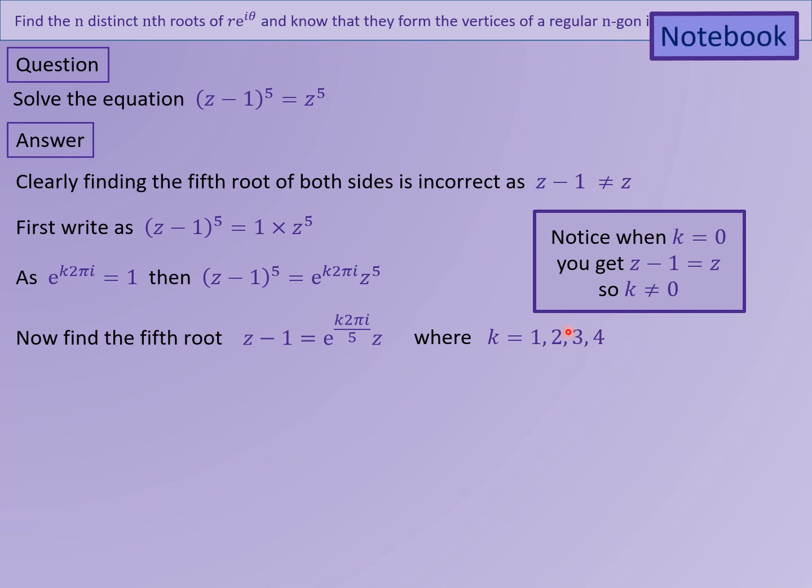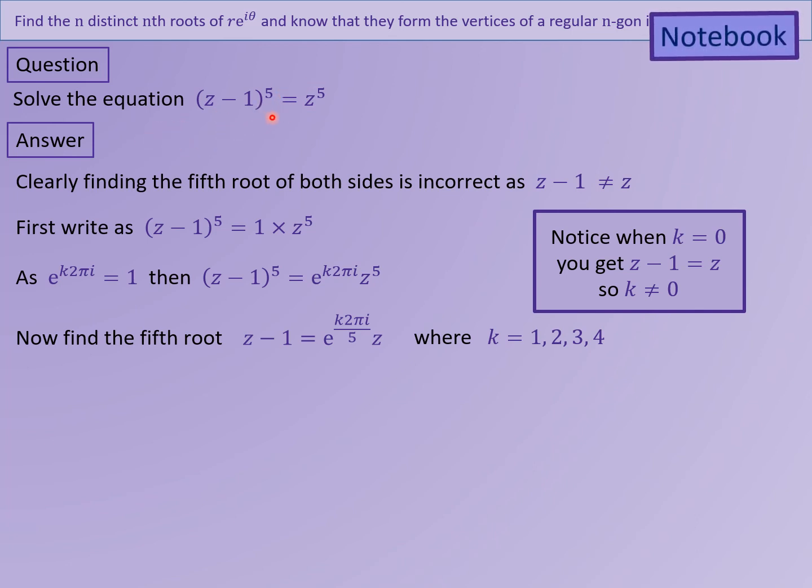Now that might seem a bit weird because it contradicts what I said before, with z to the power 5 should be 5 answers. But just think about this question expanded. If I expanded this bracket, the very first term would be z to the power 5. I would then get some z to the 4, z to the 3, z to the 2s, but the first term would be z to the power 5. Now, if you wrote that out, z to the power 5 plus all the other bits, the first thing you can do is notice that you could take away z to the power 5 off both sides.